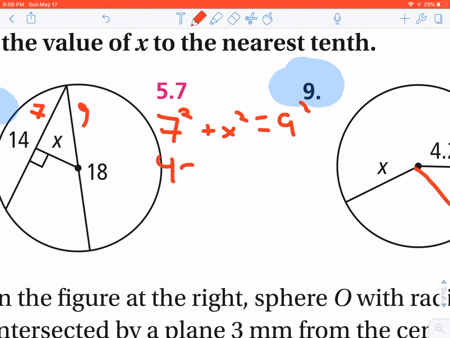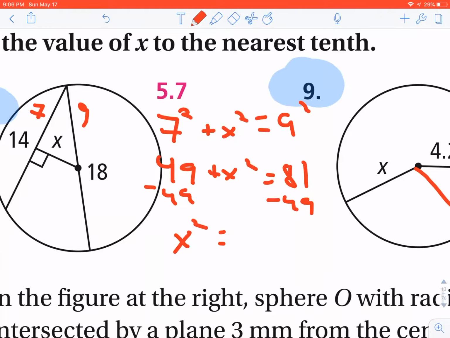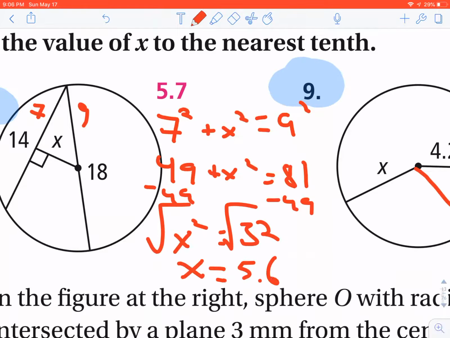Alright, 7 squared is 49, plus x squared is equal to 81, minus your 49 from both sides, x squared is equal to 32. And when you square root both sides of that to get x, it comes out to be, I think, 5.69 or 5.66, I forget. Regardless, when you round it, it comes out to be 5.7. Okay?